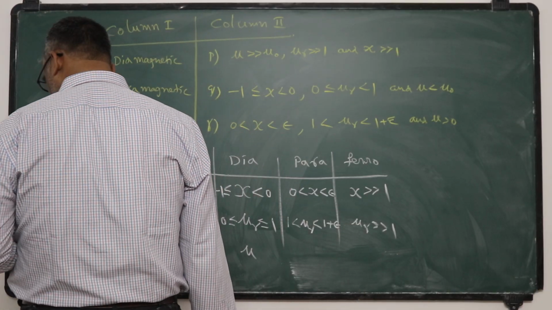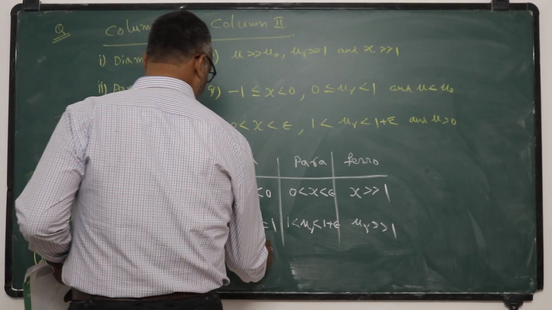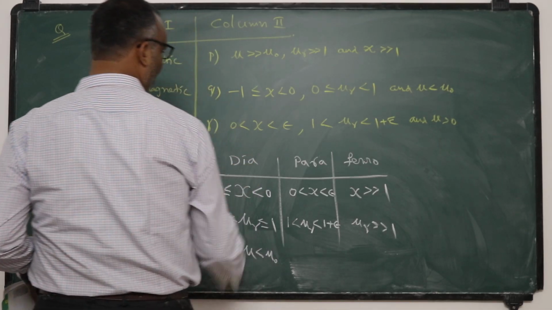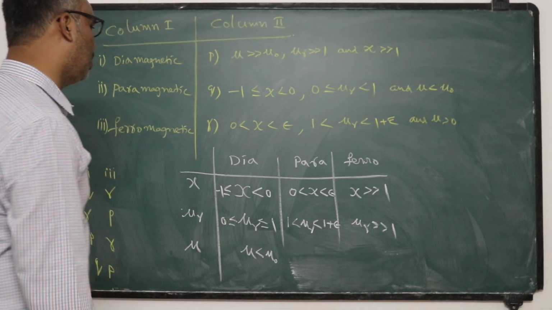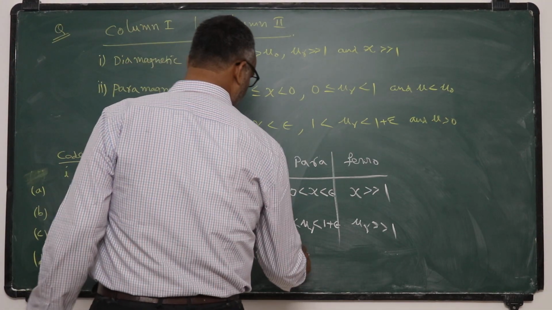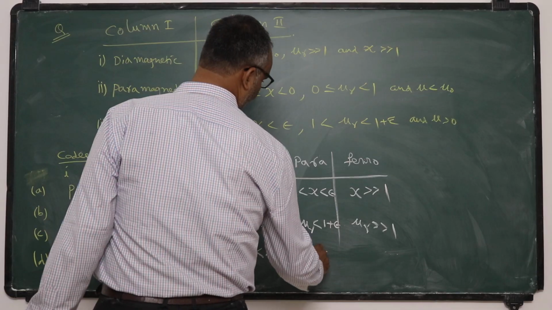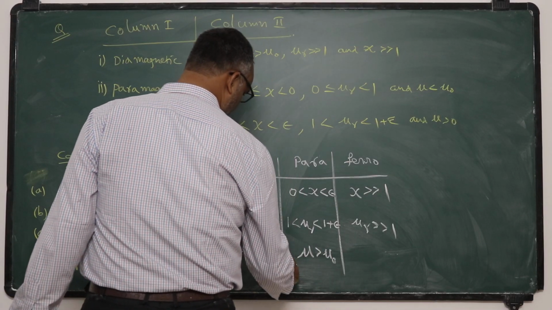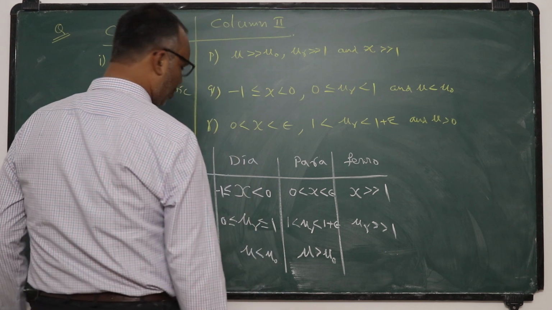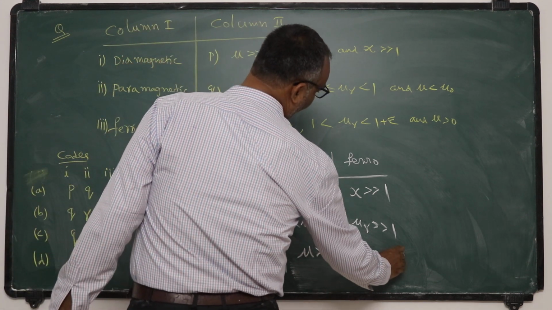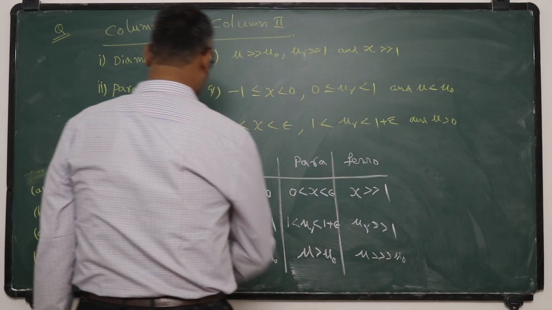The permeability of the medium for diamagnetic substances is less than mu naught, because they will not allow the magnetic lines of force to pass through them. In case of paramagnetic substance, permeability of the medium is greater than permeability of free space. For ferromagnetic substances, it is very much greater than permeability of free space.